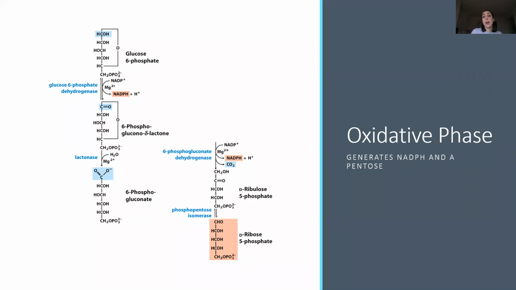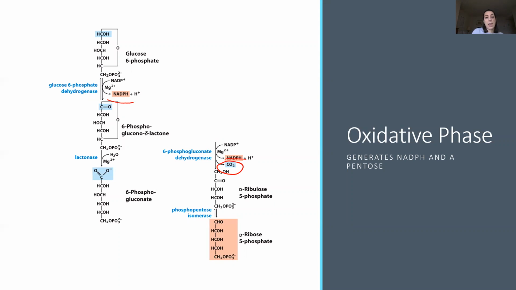So let's talk about the oxidative phase of the pentose phosphate pathway, the phase in which we're breaking down glucose 6-phosphate. You can see it happens in a couple of steps that are going to generate our NADPH, and also along the way, CO2.